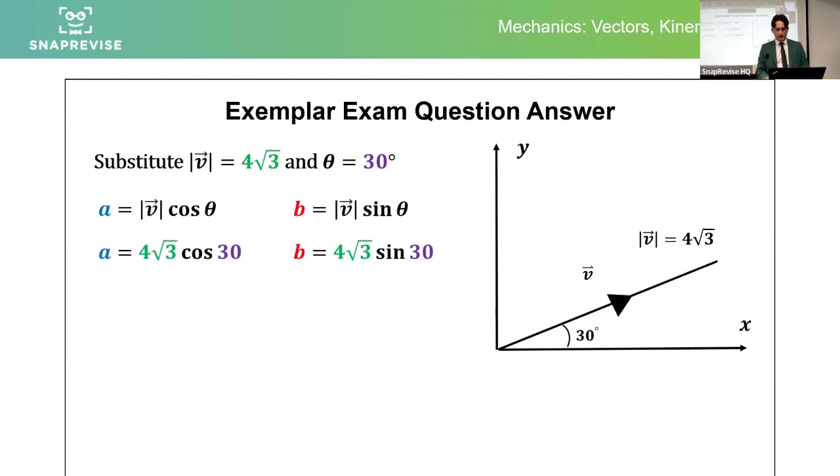So if we do that for each of those, 4√3 times cos 30, 4√3 times sine 30, that's what we get. And even in mechanics, we still try our best to sort of keep things exact. And then we put it back in the IJ form that they asked for. So that was just SOHCAHTOA. That was just kind of your trigonometry to start with.